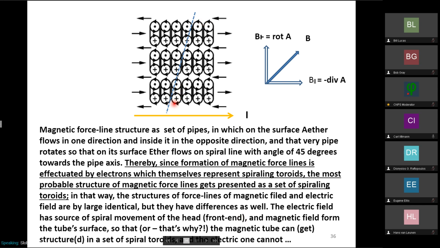So here, around the conductor with current, we don't have only the magnetic field that is the curl of the magnetic vector potential, so that the direction of the field force is perpendicular to the conductor. We also have a longitudinal component of force.